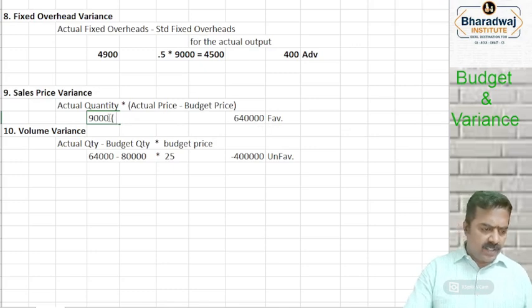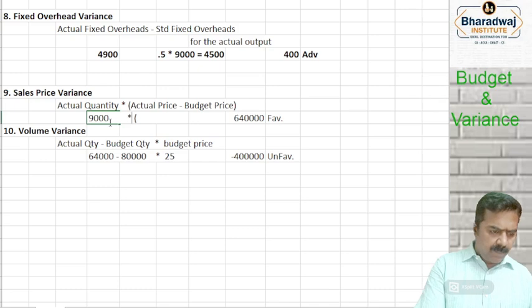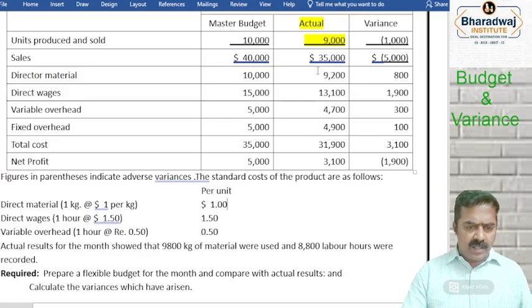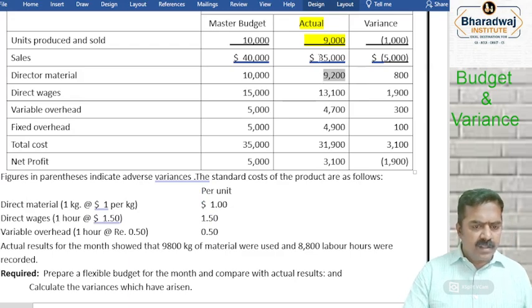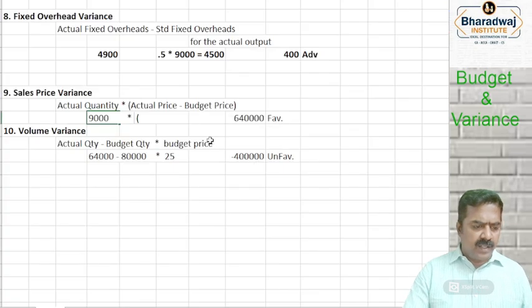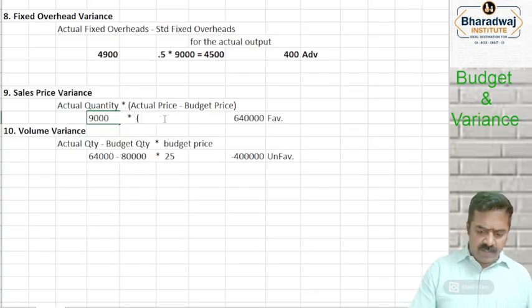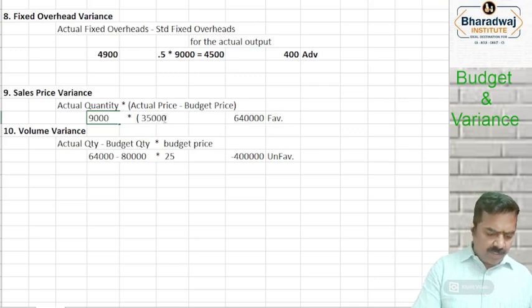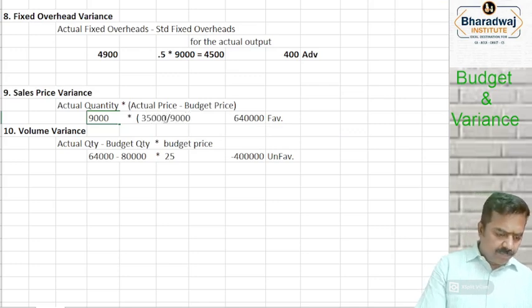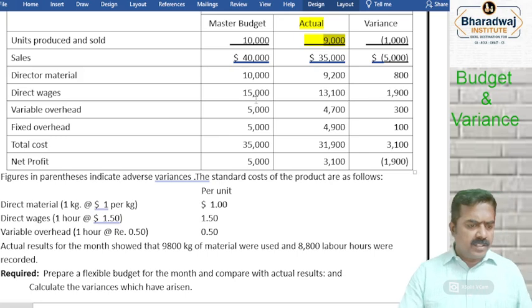What is the actual selling price? It can be taken from here. Actual selling price is 35,000 by 9,000, minus budgeted price.